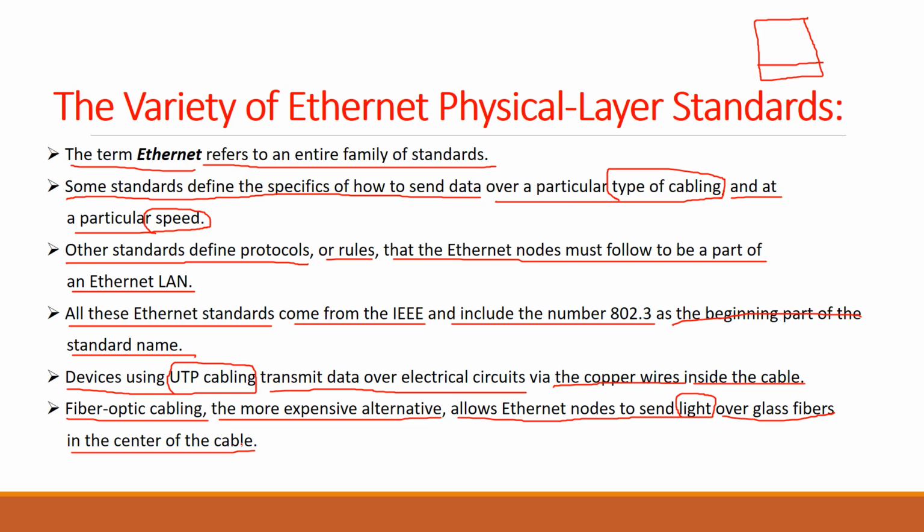So we have standards that define the cabling. We have UTP cabling, and there is also STP cabling as copper wires, and we have another standard that defines the fiber optic cabling as an alternative to the UTP cabling or STP cabling, or in general the copper wires.